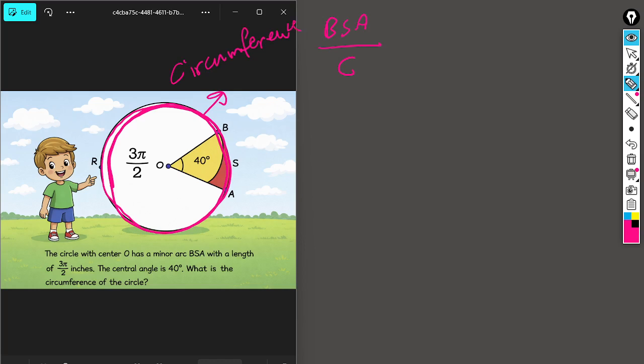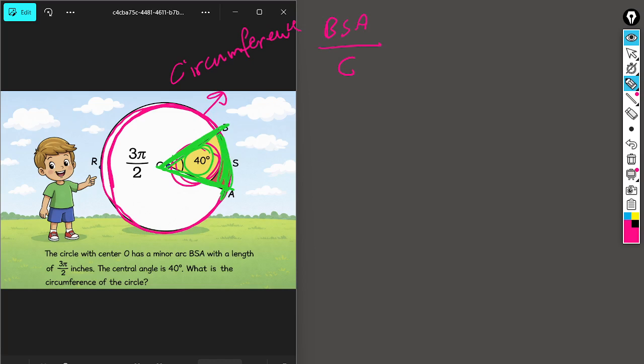We know that the central angle, which is 40 degrees, is connected exactly with the minor length in this sector. So there is a relationship between this angle and this minor length.